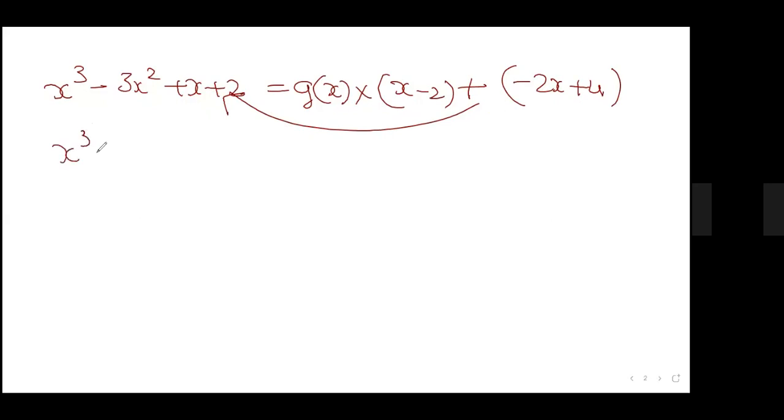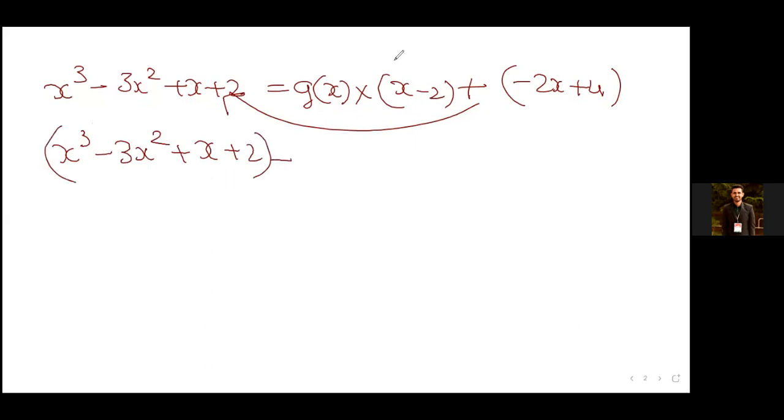We get x cube minus 3x square plus x plus 2 minus minus 2x plus 4 is equal to g of x into x minus 2.